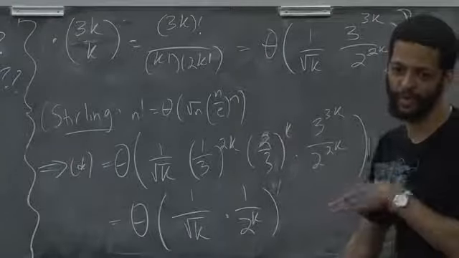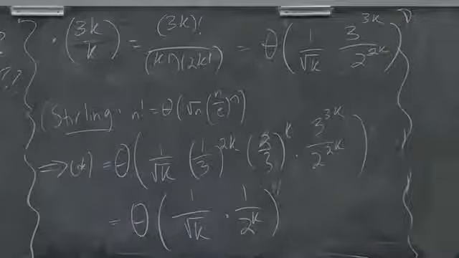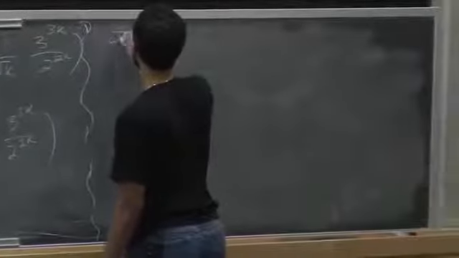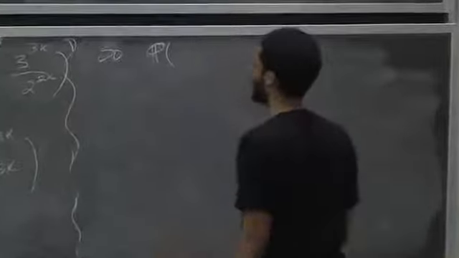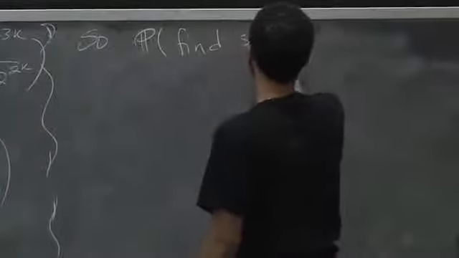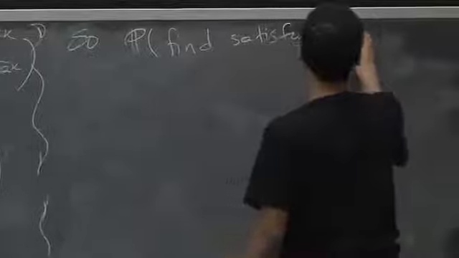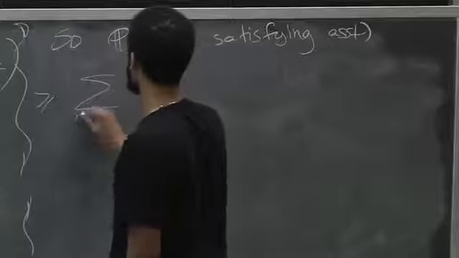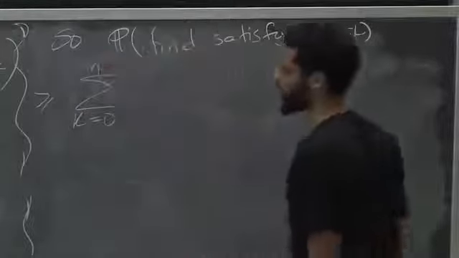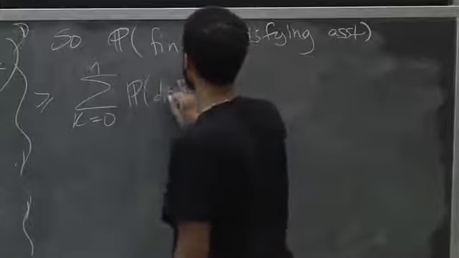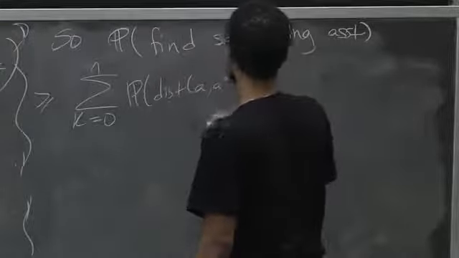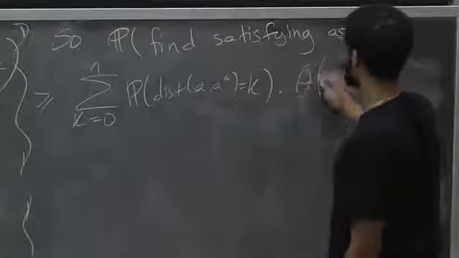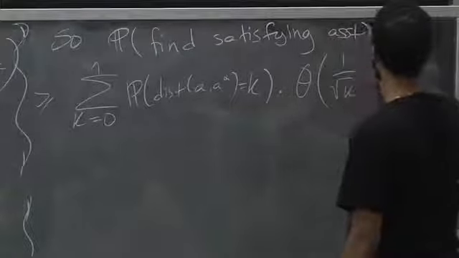But that's as a function of k, and we don't know k. So what do we do? We sum up over all possibilities for k. The probability that we find a satisfying assignment is at least the sum over k, where k can go from 0 to n, of the probability that the distance between a and a star is equal to k, times some theta of 1 over root k times 1 over 2 to the k.